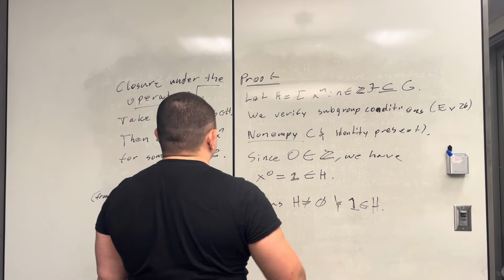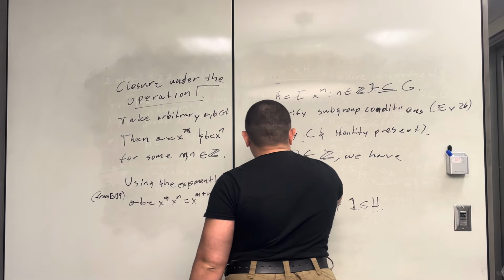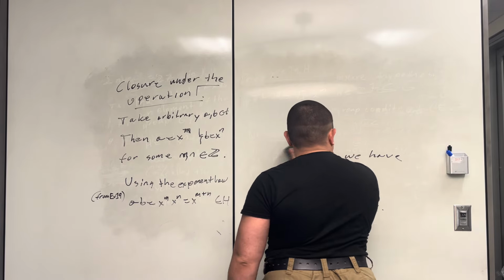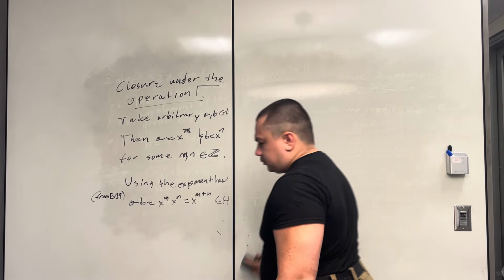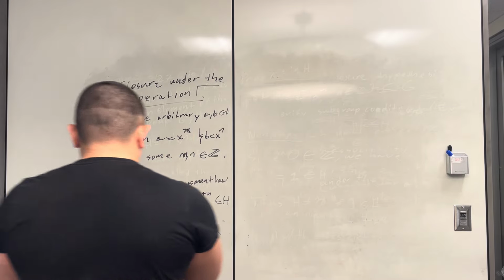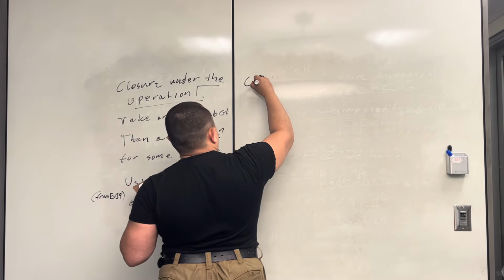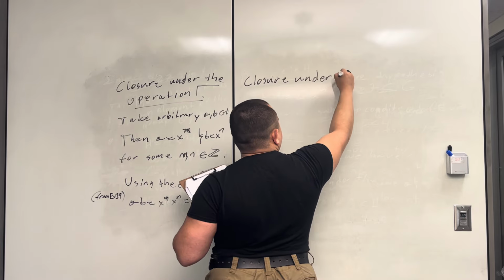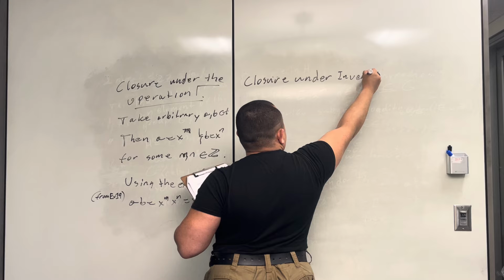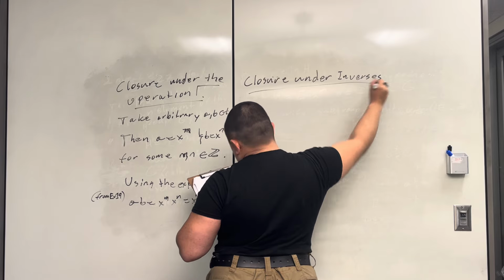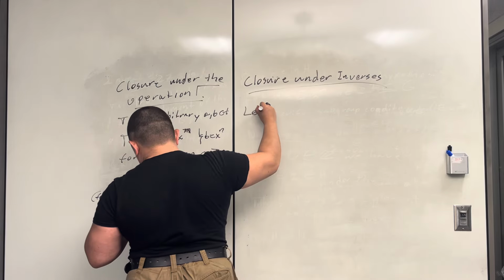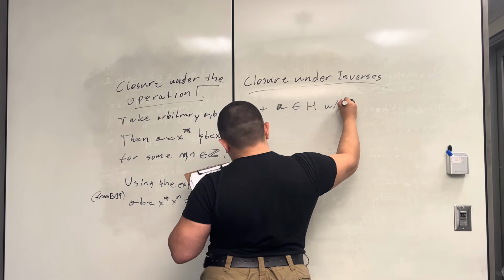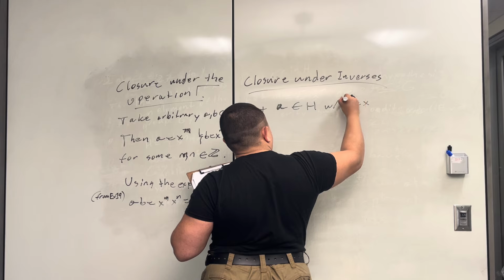Now let's look at closure under inverses. Let a be within the set H, with a being equal to x to the m.